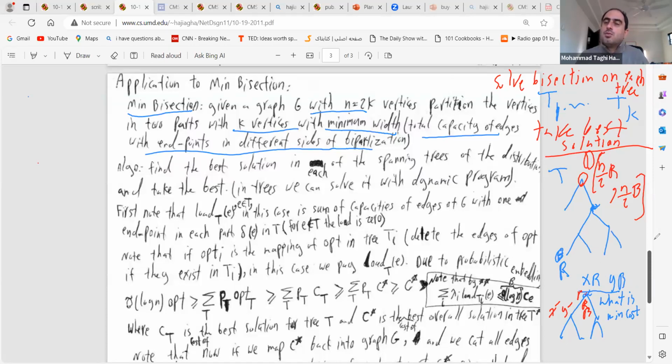Now I want to say, this one that we are taking the best solution, how do we find the solution on the graph? That is very easy. Let's say this is the tree T that we obtain the best solution on. Here you can see the solution that we obtained: some of these are red, and some of them are blue.